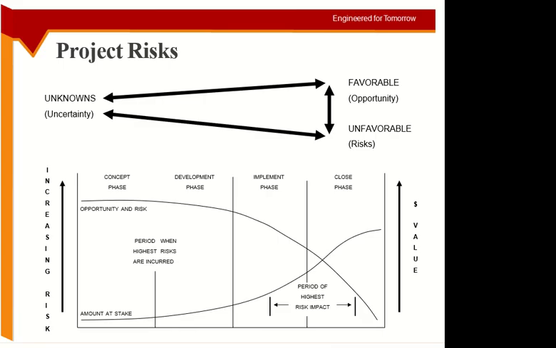And on the x-axis you have the timeline. So on the right hand side you have the impact, on the left hand side you have the chance of happening. So impact and chance, and according to the timeline of the project.